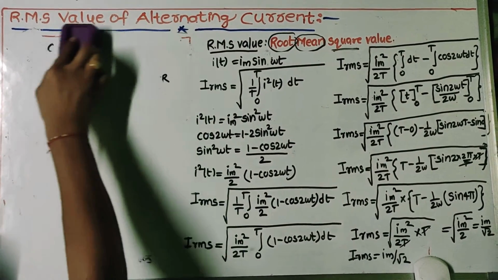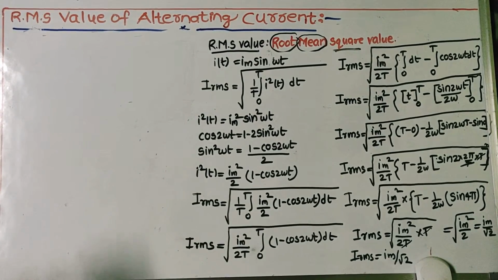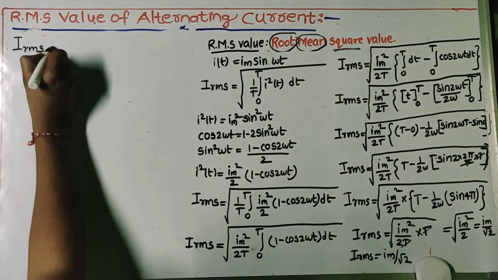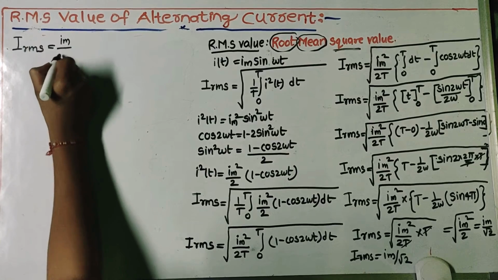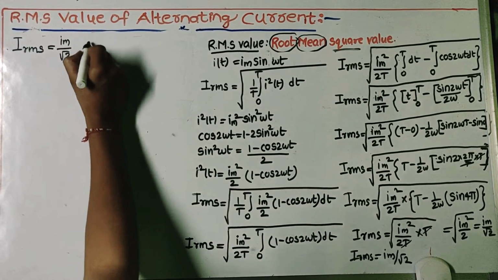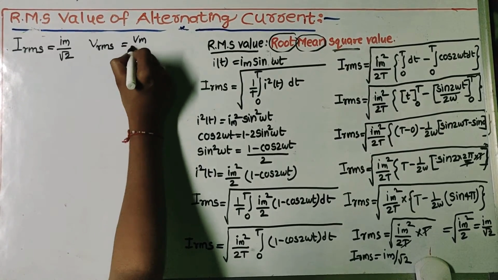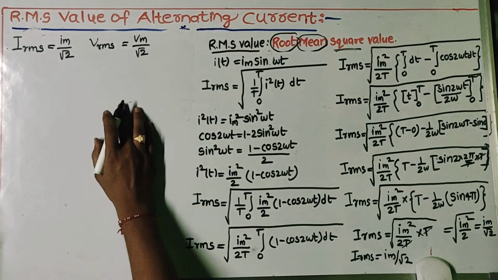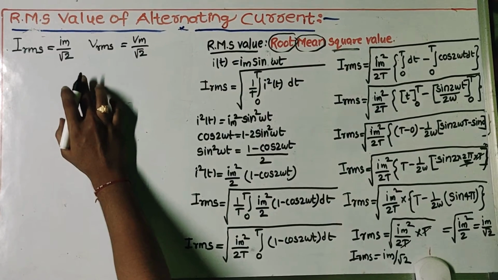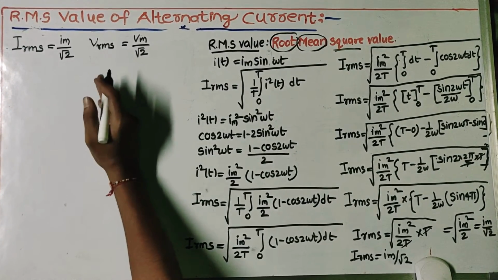Similarly, if you calculate the VRMS, its value is Vm by root 2. So we have calculated IRMS equals Im by root 2, and similarly VRMS is Vm by root 2. In the beginning of this video, I told that the purpose behind introducing the RMS values is to express AC powers like DC power.